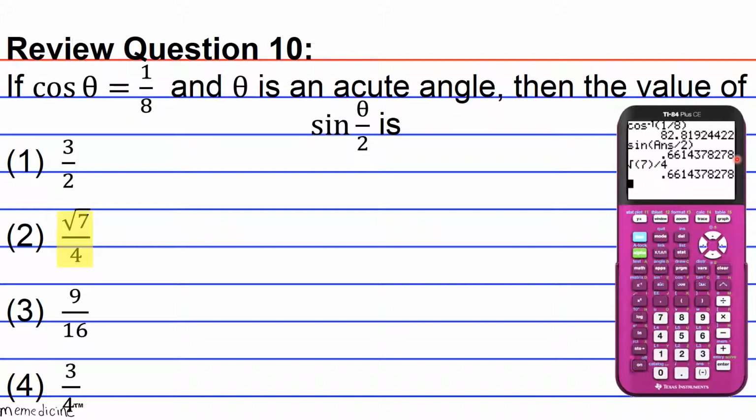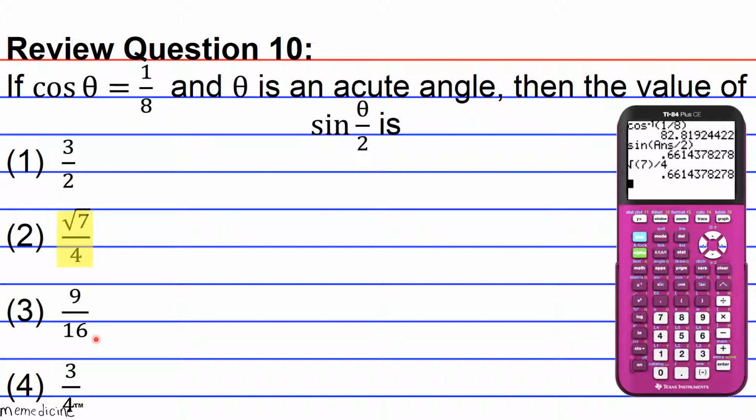Okay, and your graphing calculator does have a math feature where you can convert answers into fractions, but because we have a radical in the numerator, the calculator isn't that advanced to do it just yet.